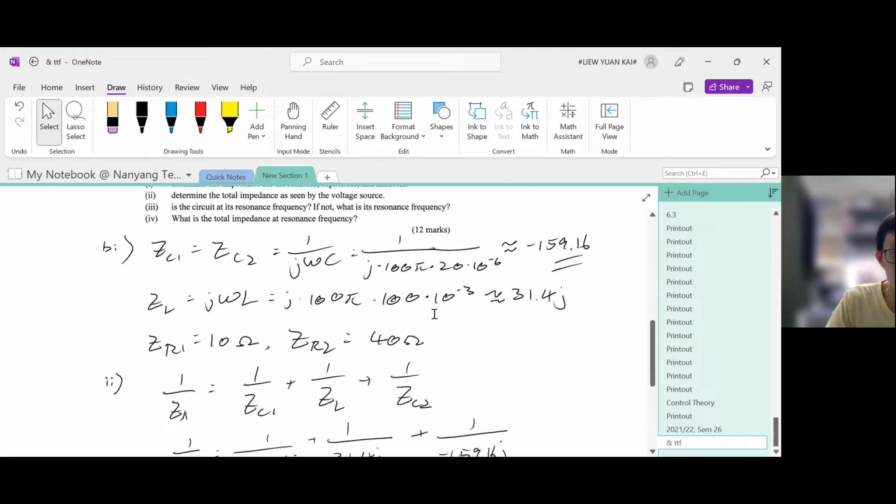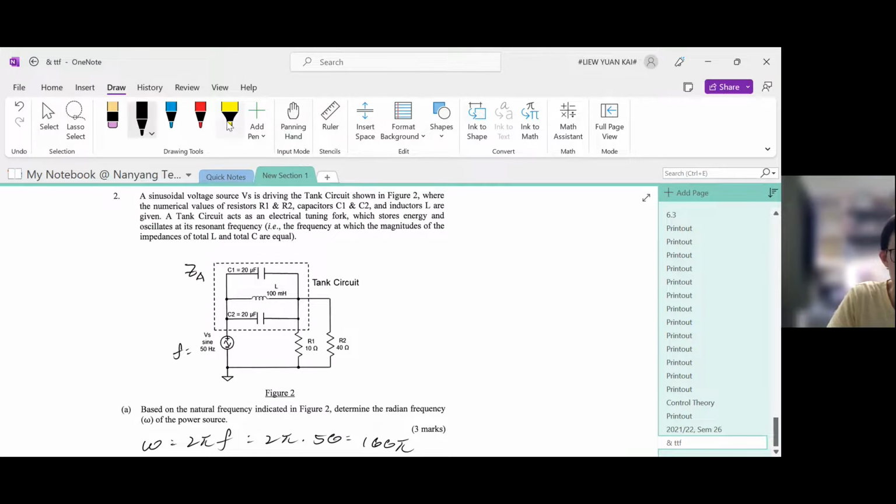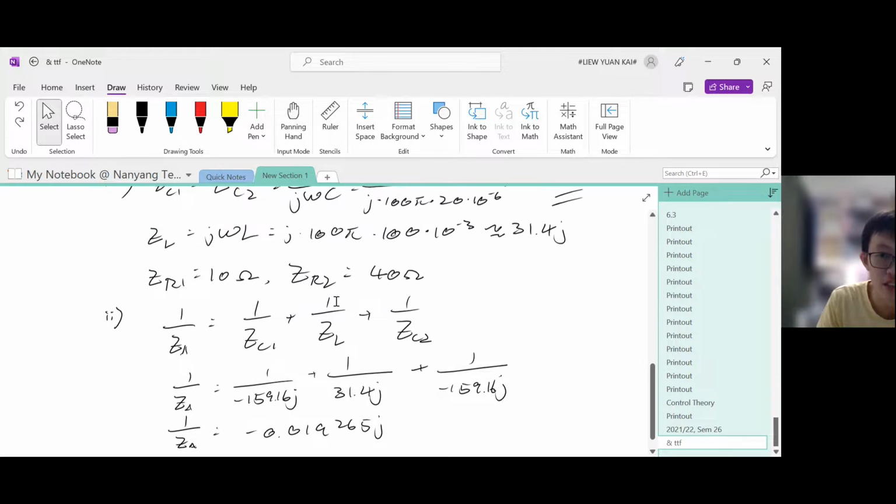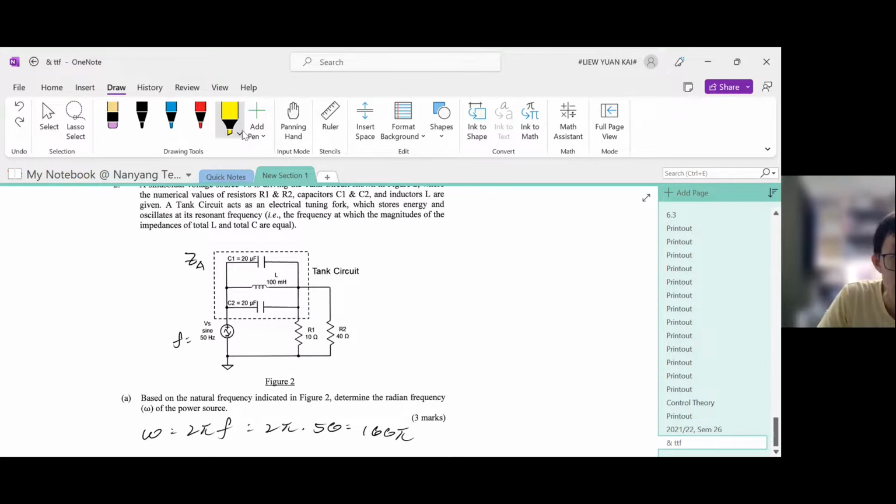Now, we're not done yet. We have to look at the resistors. What is the arrangement of the resistors? This and this are both in parallel. Let me explain why, because it's a bit confusing.